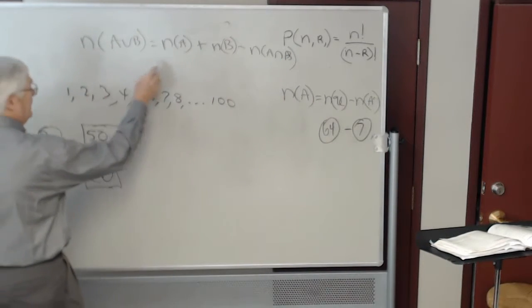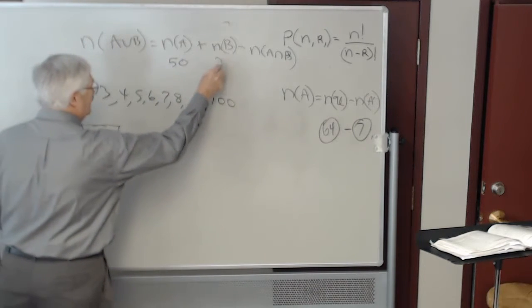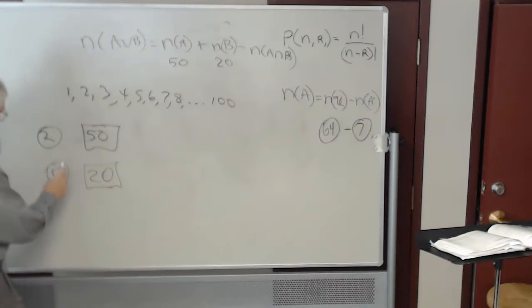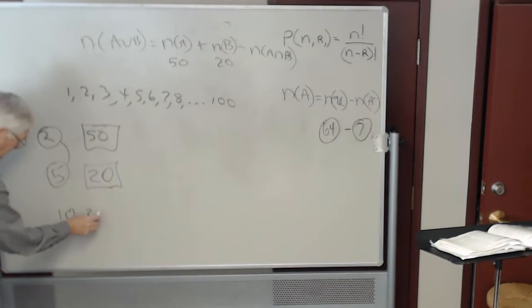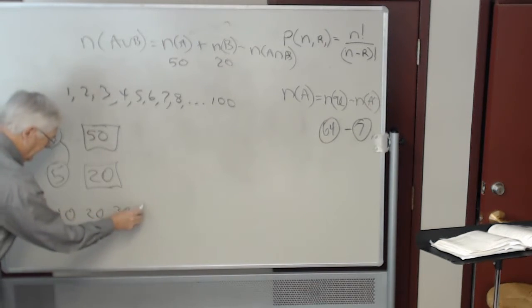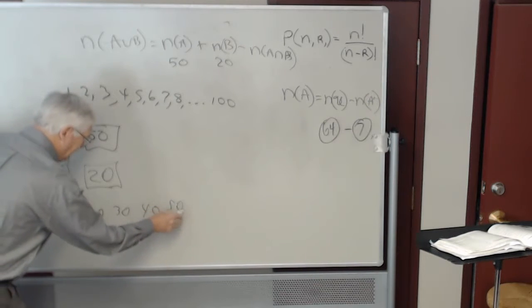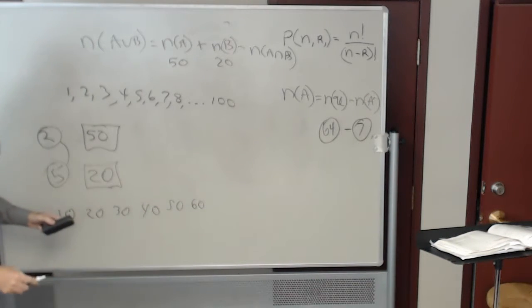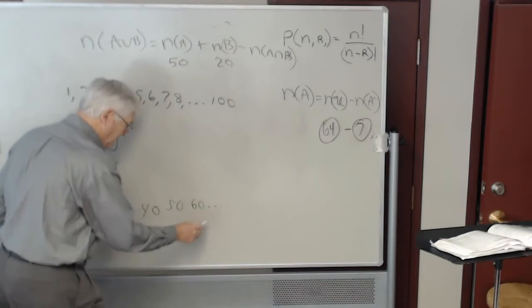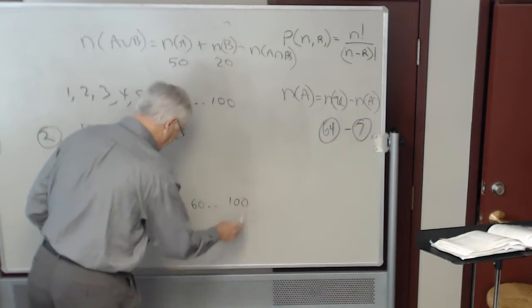So I've got 50 here, I've got 20, but I have to subtract where 2 and 5 intersect, which would be what? 10, 20, 30, 40, 50, 60, up to what? Up to 100? 10.